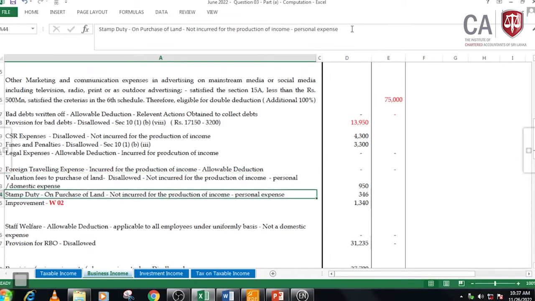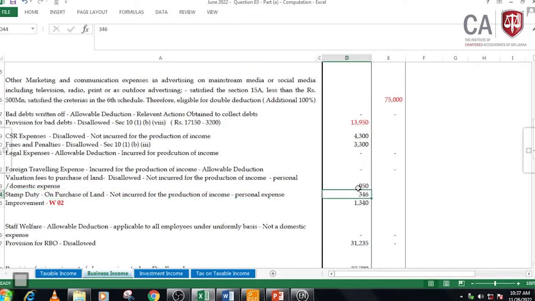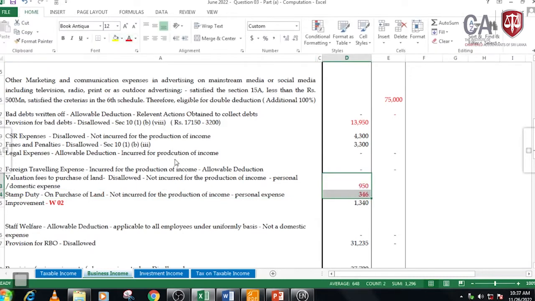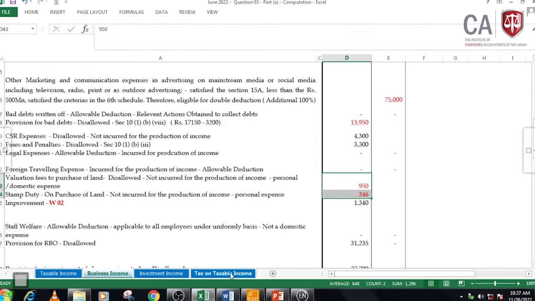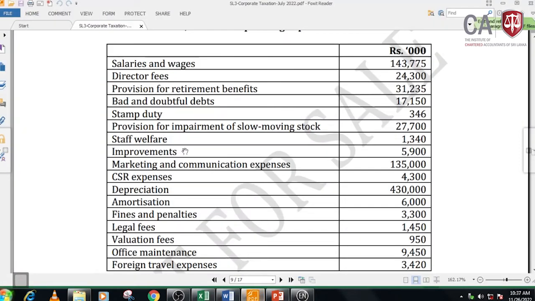On the other hand, stamp duty to purchase of land is not incurred for the production of income, again it's a personal expense of Mr. Saman, therefore in these two situations we are not going to take the deduction. Okay, done. Now let me come to the next adjustment.